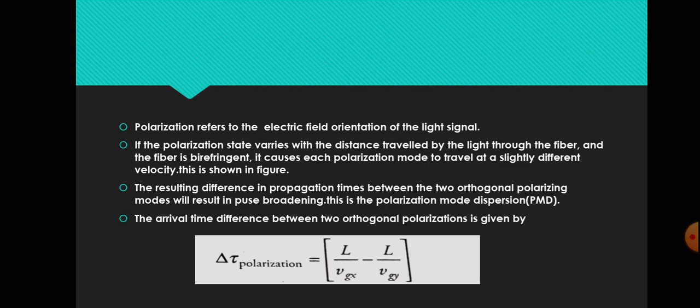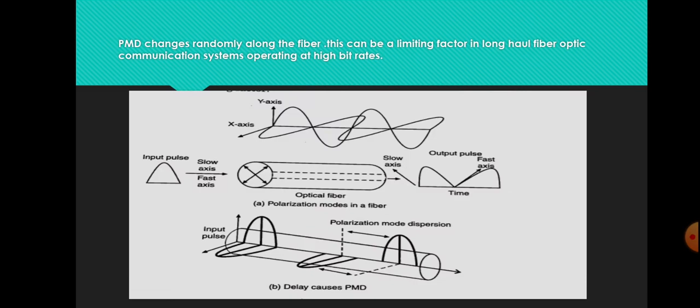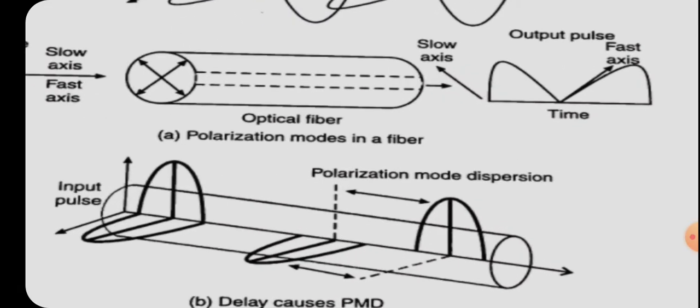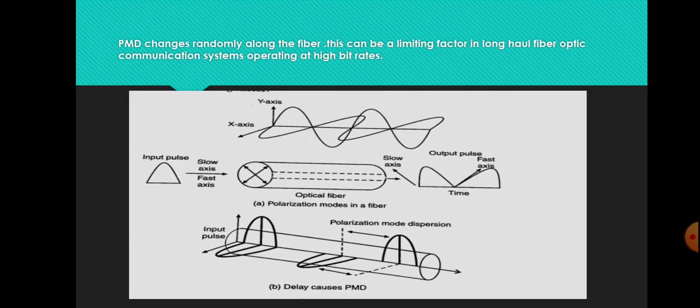That means at the receiver side there will be a difference in the propagation times between the two orthogonal polarizing modes. You can see it in the diagram: the two orthogonal polarizing pulses or modes are received at different times. Okay. The third diagram, so this represents the polarization mode dispersion.